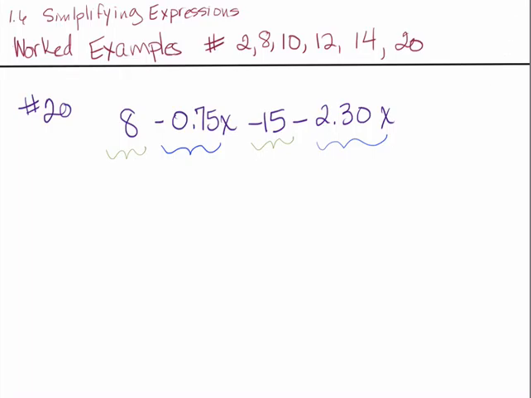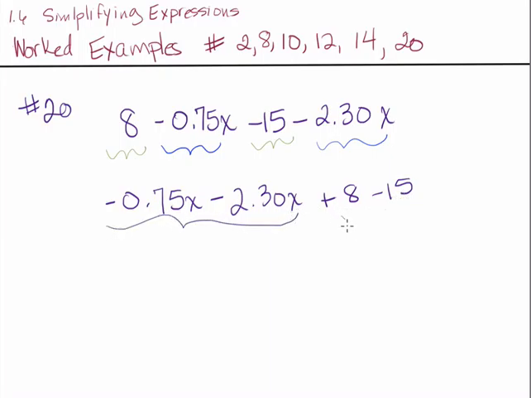I've been taking a shortcut in this video, but remember what we're actually doing here is reordering the terms using the commutative property of addition. So if I start by reordering the terms, it's maybe easier to see that the x's go together and the constants go together.